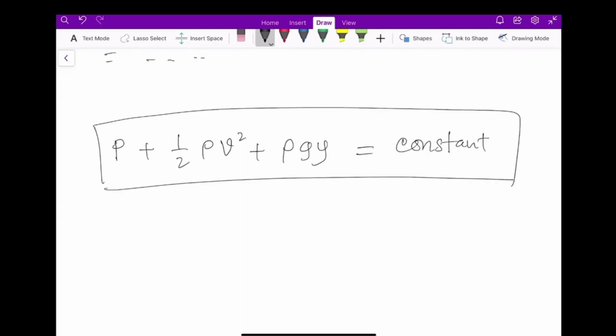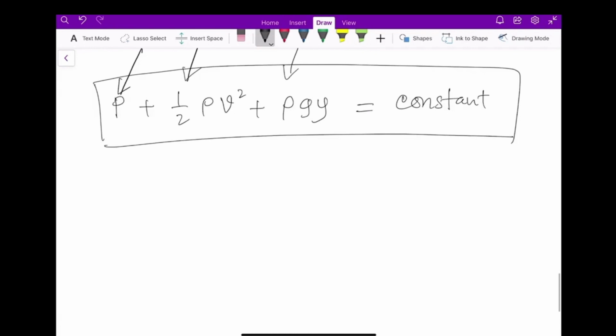The summation of these 3 terms, first, second, third, at any point of interest will always be constant. That's what we call the Bernoulli equation.